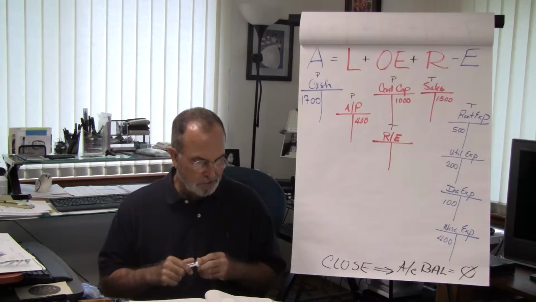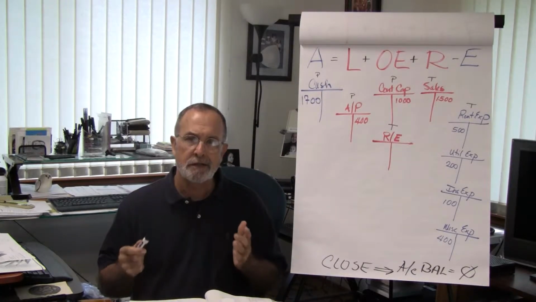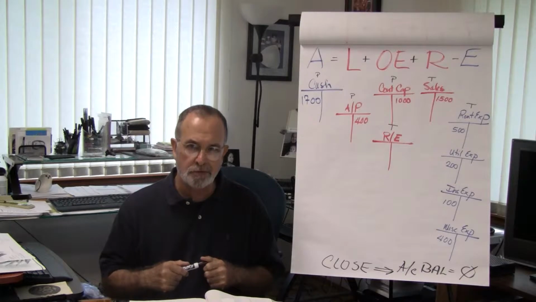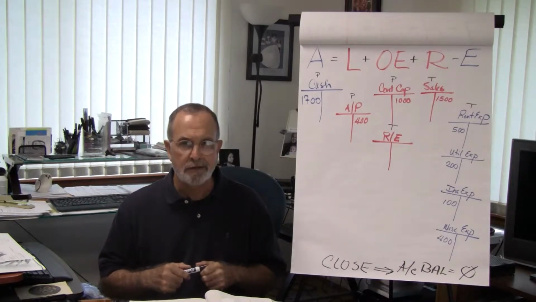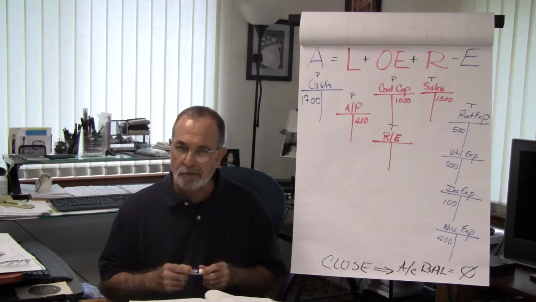Some comments about closing. First of all, to close an account means simply to make that account balance equal to zero. Again, to close an account, we need to make that account balance zero. Not all accounts are closed at the end of each fiscal year.